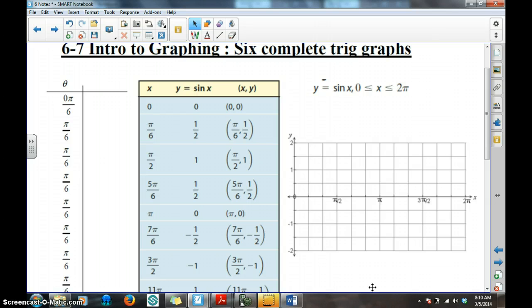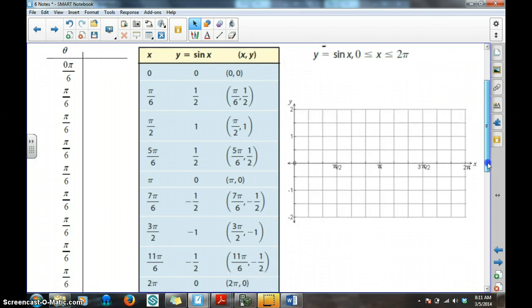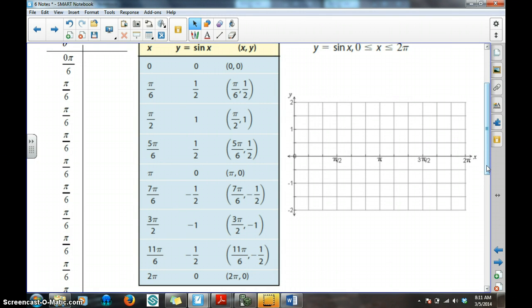So we're going to start by practicing our count by radians, and for the first several graphs that you did, I've put the table on there, but it's not quite complete.